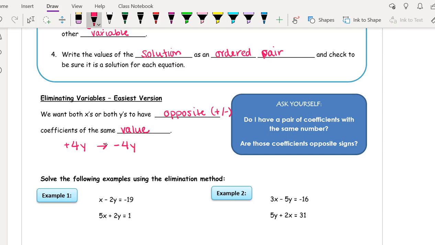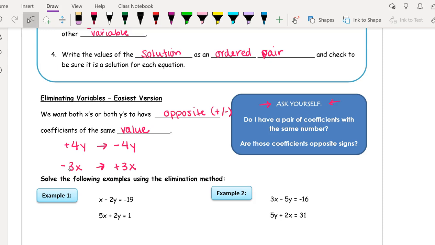If I have a negative 3x, then I also want to have a positive 3x. They're opposite coefficients of the same value. So a positive 4, negative 3, positive 3. So this is what you're going to have to ask yourself: Do I have a pair of coefficients with the same numbers? Are those coefficients opposite signs?